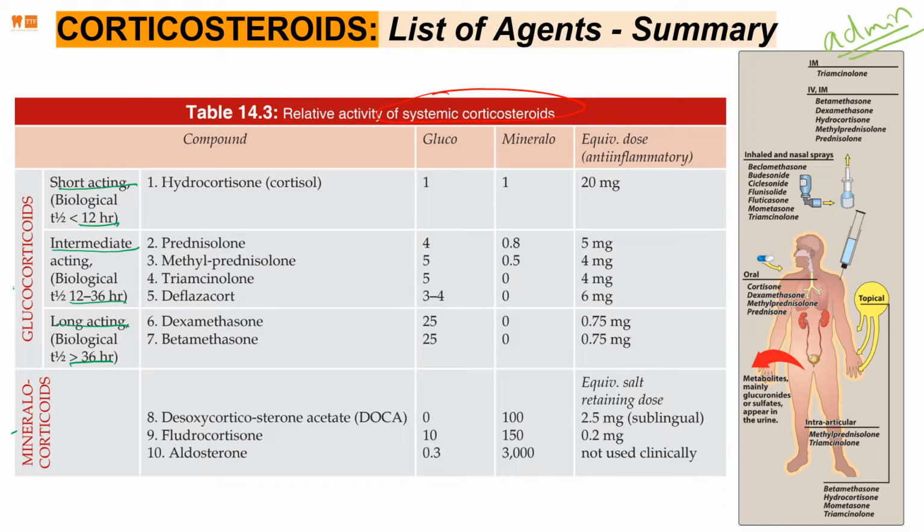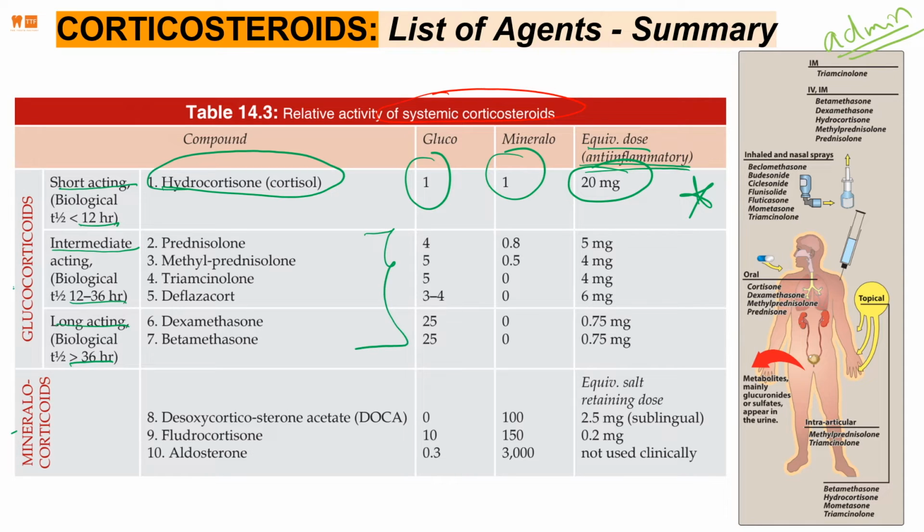Hydrocortisone, which is basically cortisone, has equivalent glucocorticoid activity and mineralocorticoid activity, and the equivalent anti-inflammatory dose is 20 milligrams. This is the basic baseline. If you want to compare any of these, it has to be compared to hydrocortisone or cortisol.